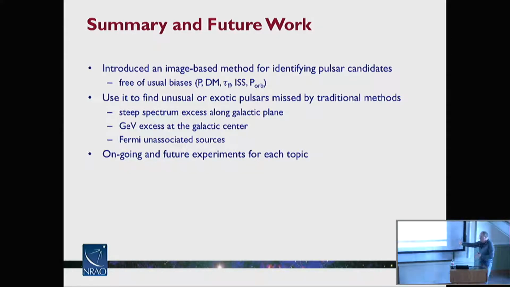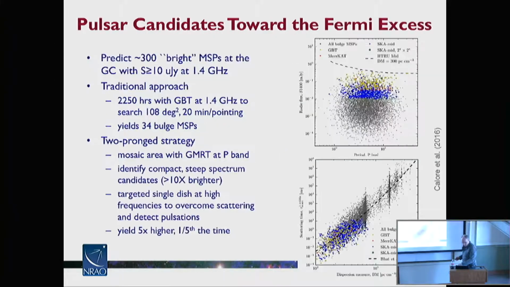We focus on the galactic center and the bulge because we want to see those objects. We're hoping to find something truly exotic among the Fermi unassociated sources. And I pointed out this steep spectrum excess, which I have no idea what it is right now, so that's an interesting area. I have several ideas about how to proceed, but just one slide to show you where I think we should go with this in the galactic center.